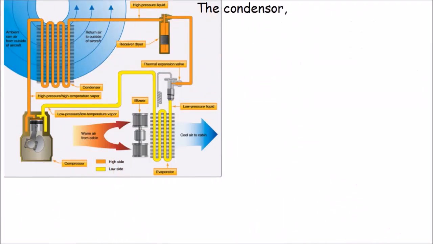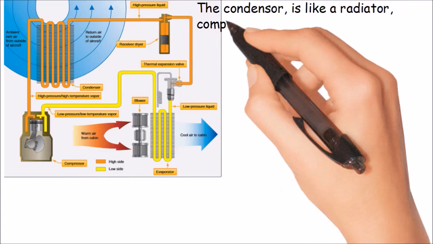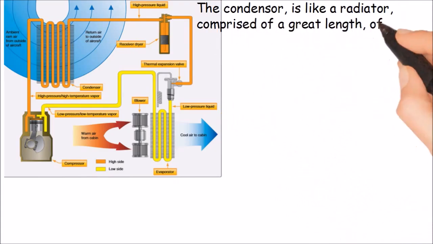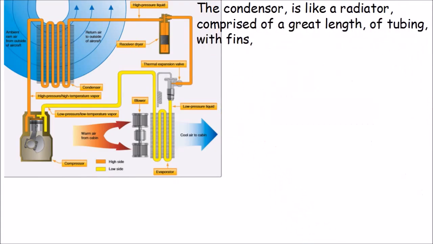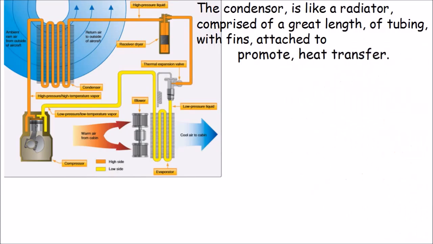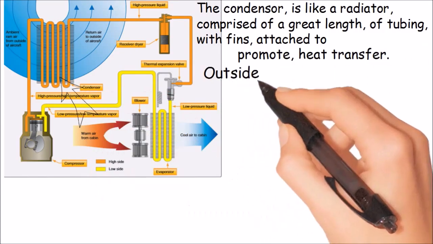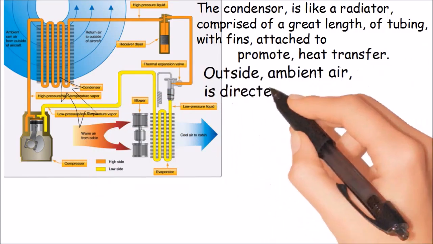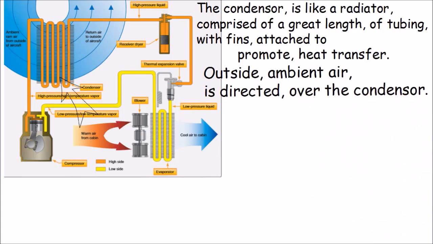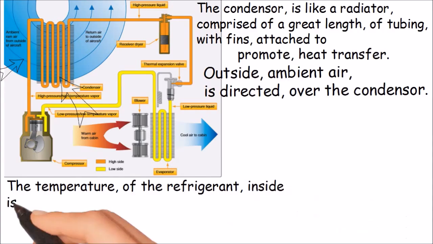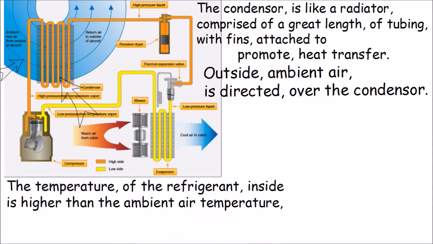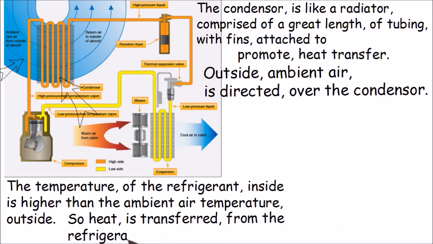The condenser is like a radiator, comprised of a great length of tubing with fins attached to promote heat transfer. Outside, ambient air is directed over the condenser. The temperature of the refrigerant inside is higher than the ambient air temperature outside, so heat is transferred from the refrigerant to the outside ambient air.